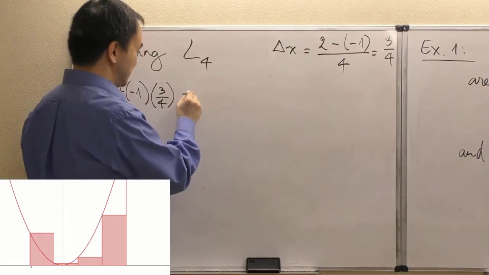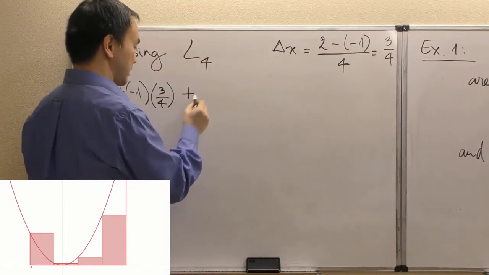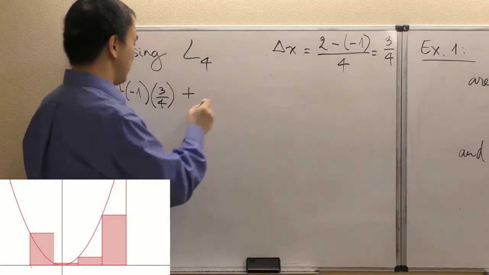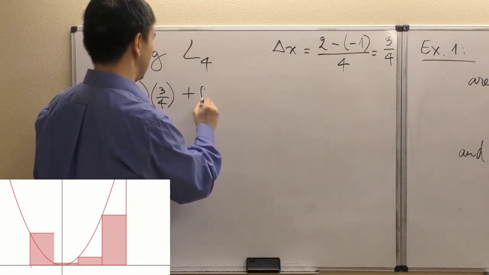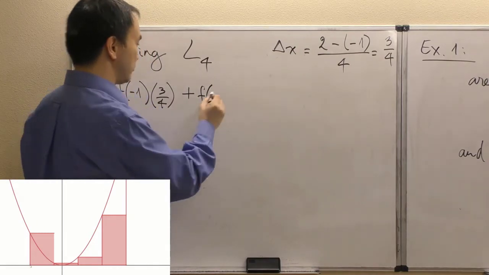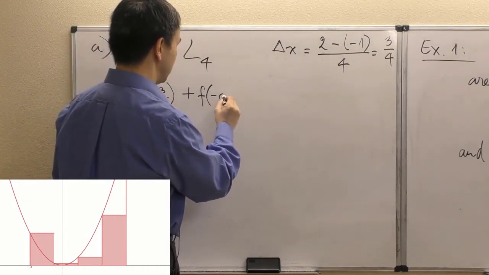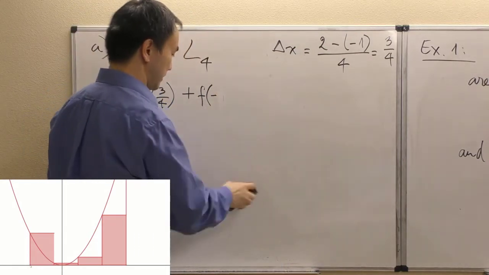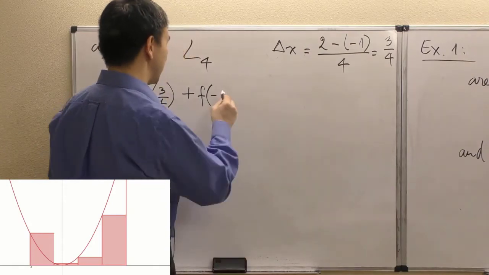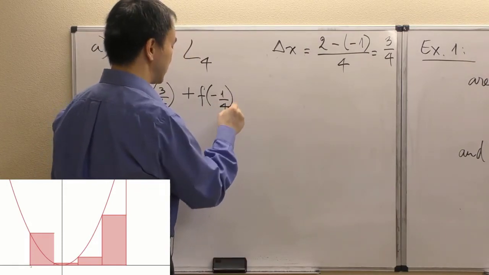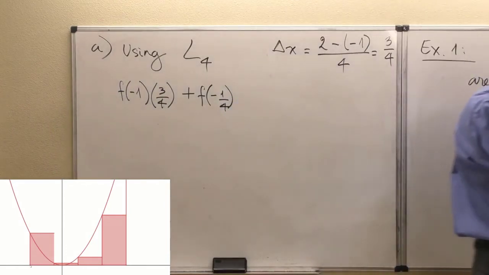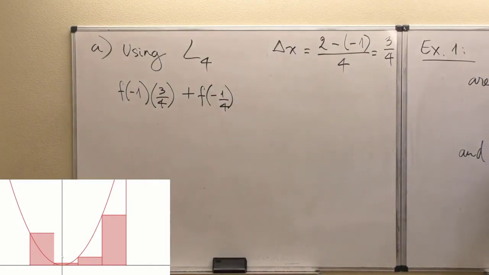Then plus, for rectangle number 2 in the second subinterval, the left endpoint is negative 0.25, which is negative 1/4. So f at negative 1/4.